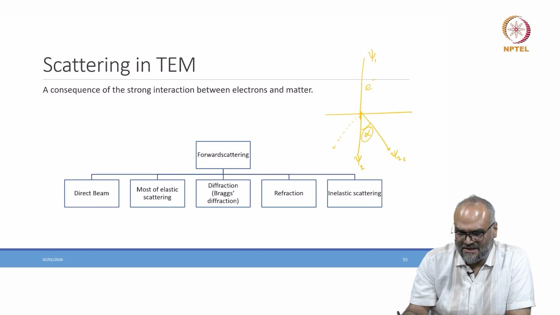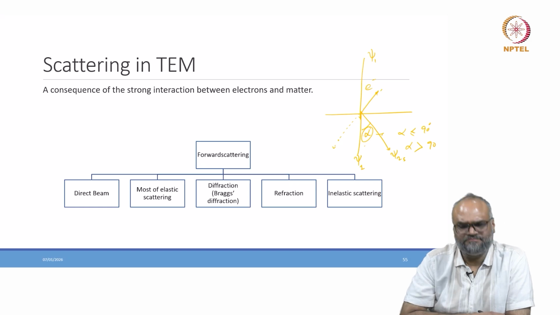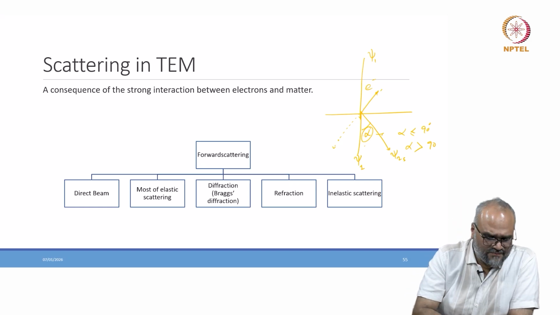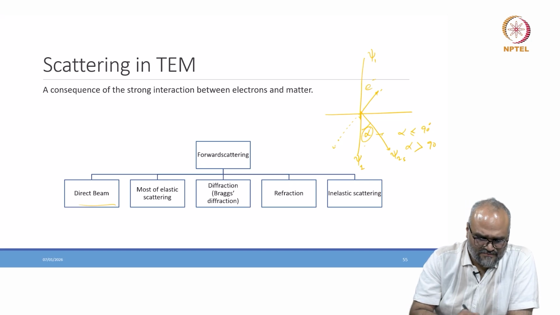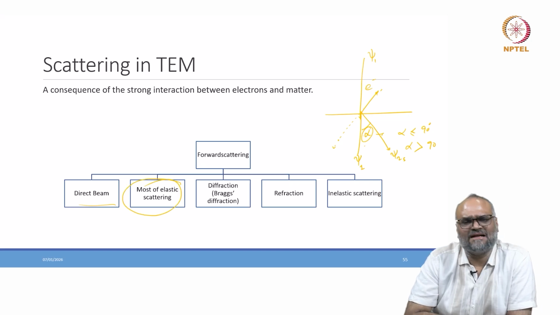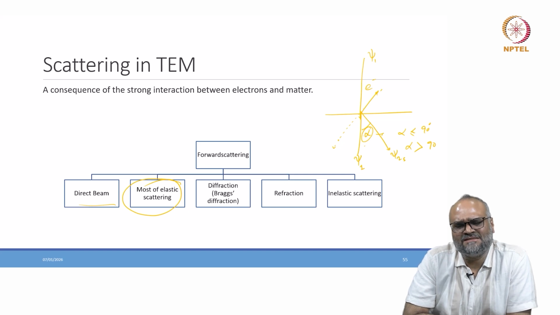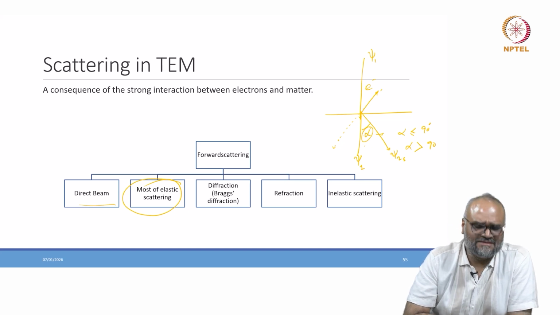Depending on this angle of scatter, if alpha is less than or equal to 90 degrees, I can call it forward scattering, and once alpha exceeds 90 degrees, I have the backward scatter. The direct beam, like I was mentioning, is a type of forward scattering. Most of the elastically scattered signal, which is the electrons which have not lost any energy as a matter of interaction, are also forward scattered.